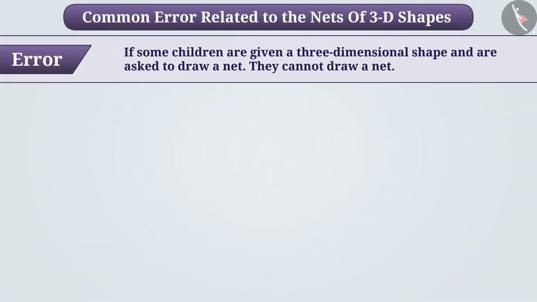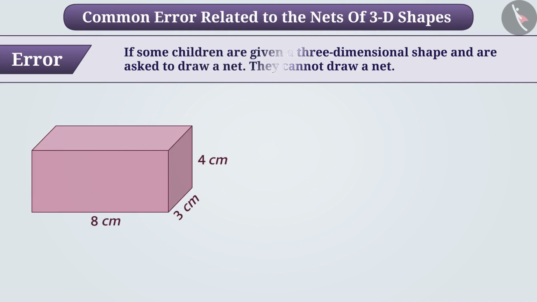Common error. If some children are given a 3-dimensional shape and are asked to draw a net, they cannot draw a net. Some children are unable to imagine which net is correct for the 3-dimensional shape shown. Therefore, they are unable to answer the given question.